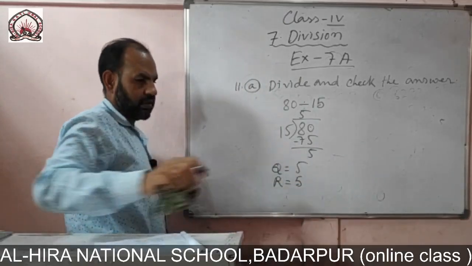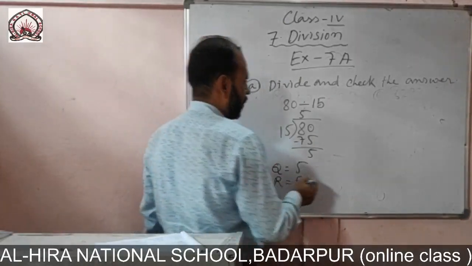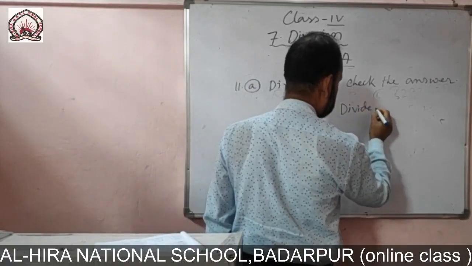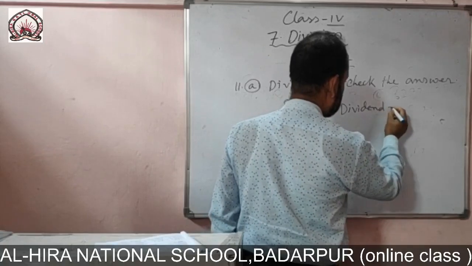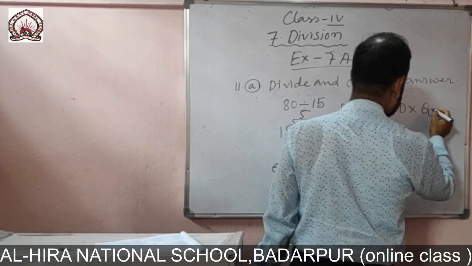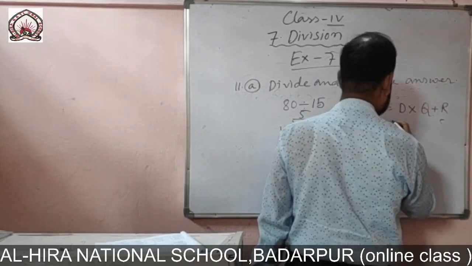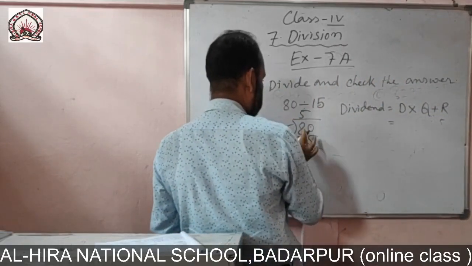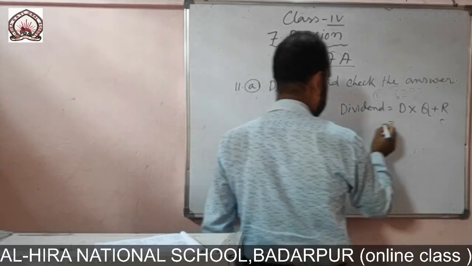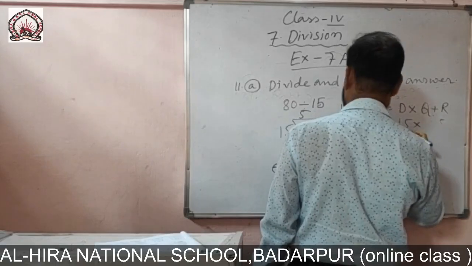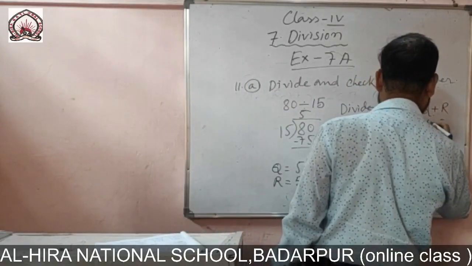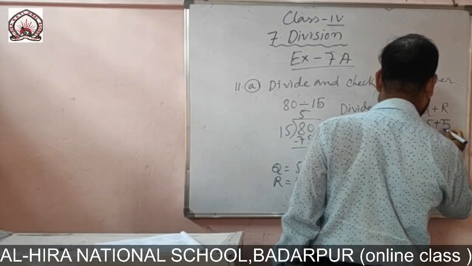Now we check. Formula we know, dividend equal to divisor into quotient plus remainder. So here divisor equal to 15 into quotient equal to 5 plus remainder equal to 5.